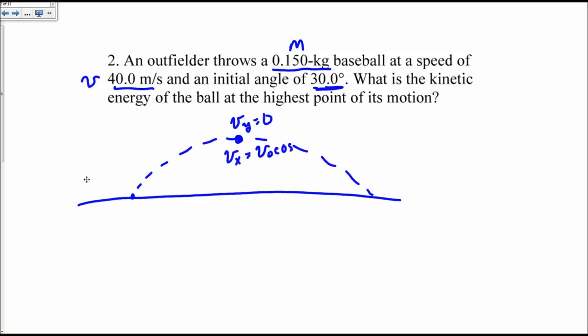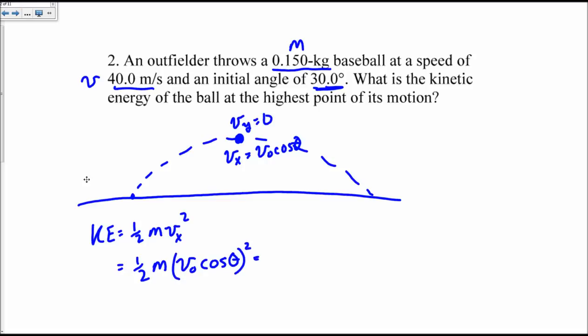So I want to figure out the kinetic energy at the highest point of motion. The kinetic energy is 1/2 m v squared. At the top, that's just going to be Vx, because Vy is going to go to 0. So it's going to be 1/2 m times V naught cosine of theta, squared. That's my x component of the velocity.